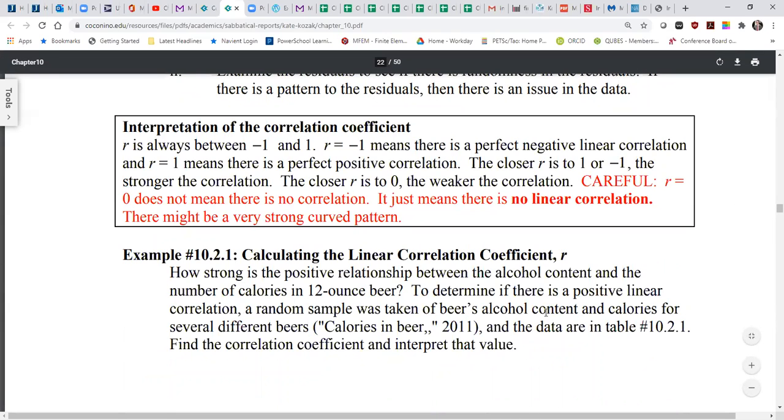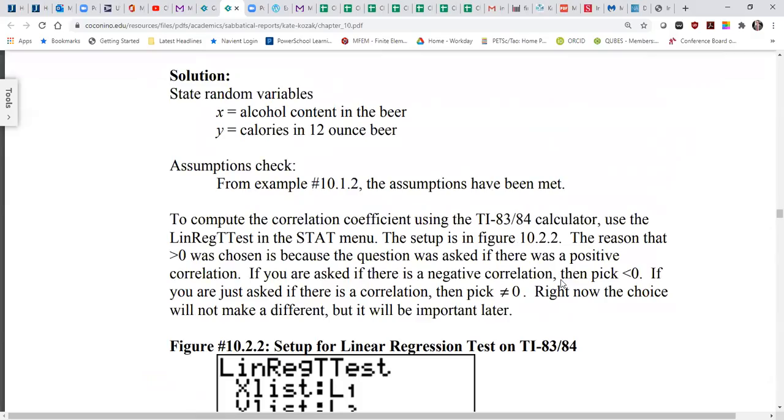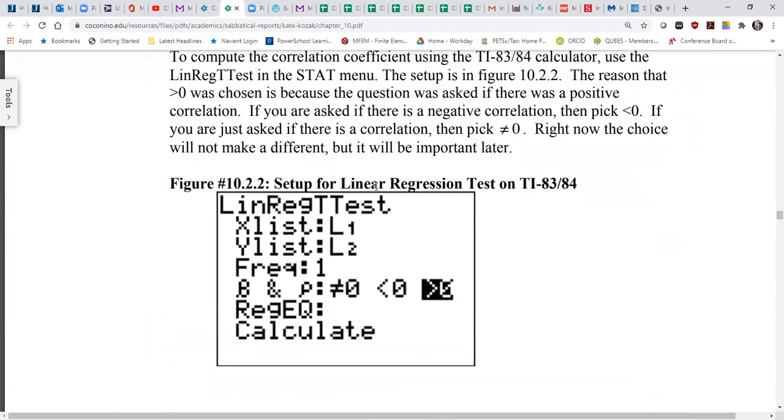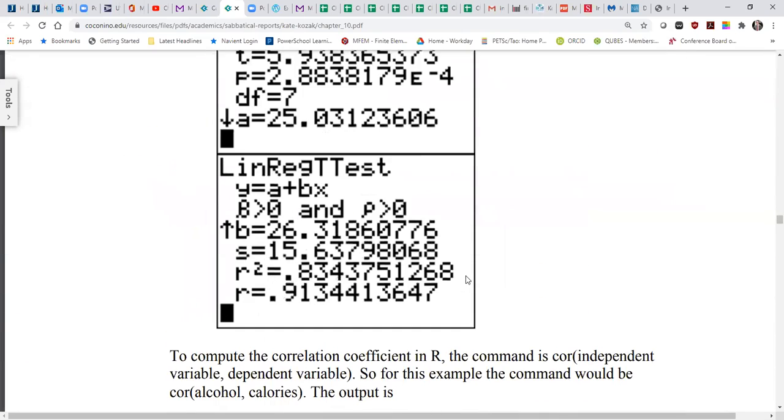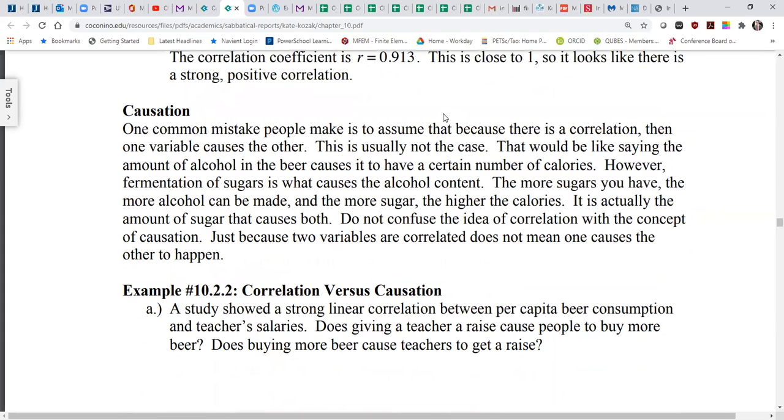Yeah, so this is a sample of how to calculate the correlation coefficient. I think in this book they use the calculator and also the R program. Also, you need to be careful here.